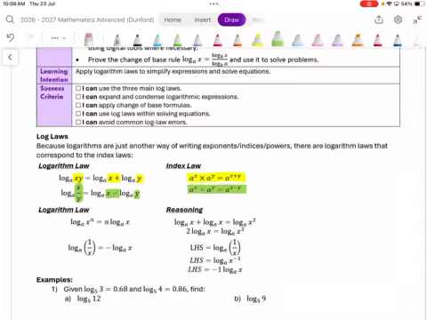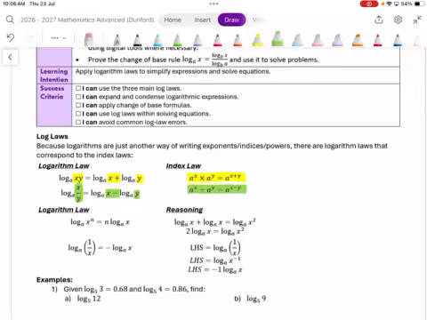The other two log laws that we have is when we have log base A of x to the power of n, the power of n comes out the front and we get n log base A of x. So the reasoning behind this is if we have log base A of x plus log base A of x, because when we add two logs together, we multiply the x's, so we get x squared.